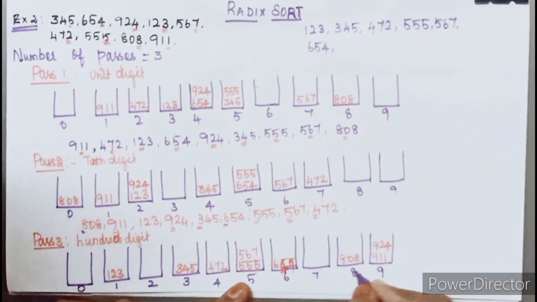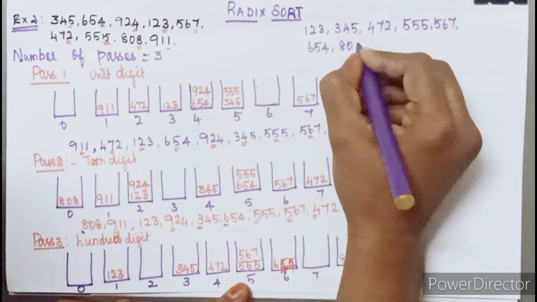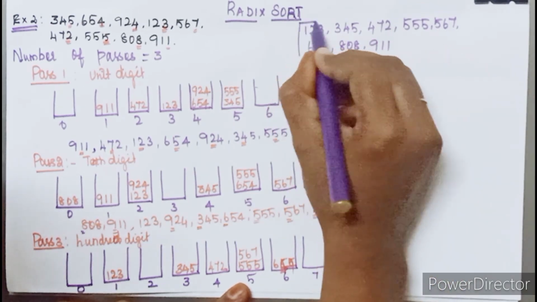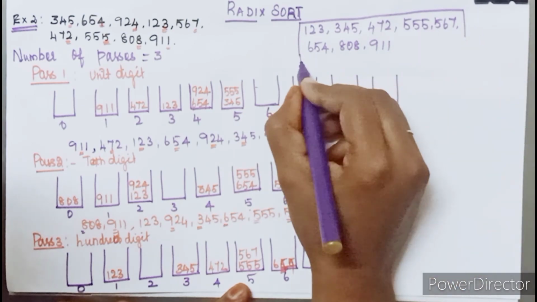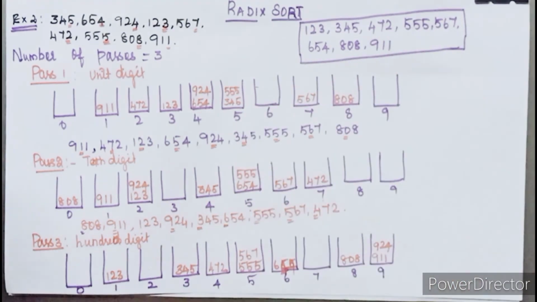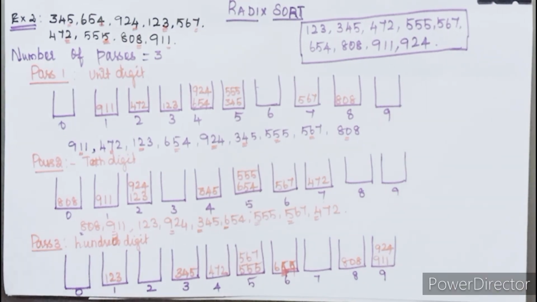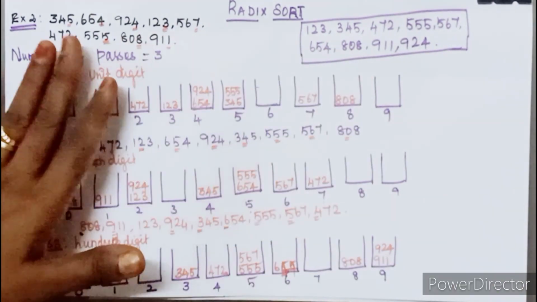After that, from bucket 8, 808 and 911. One more number is there, it is 924. So this is the sorted list for this particular example.